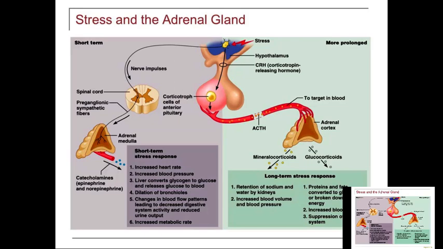That's the adrenal medulla. Then you go to the right side, and now you look at the adrenal cortex pushing out mineralocorticoids and glucocorticoids. This is when the stress goes on and on for longer periods of time. You're going to retain sodium and water by the kidneys. You're going to have increased blood volume and blood pressure. You got the proteins and fats converted to glucose.